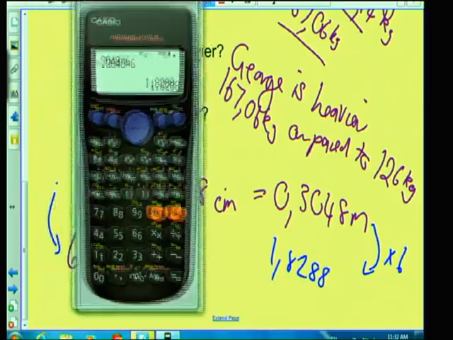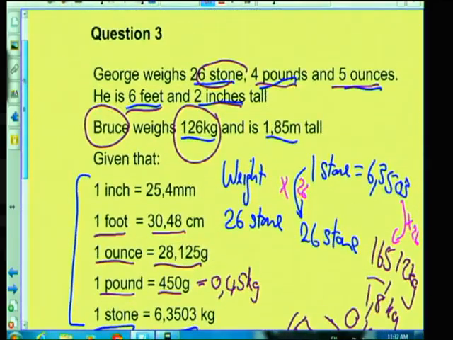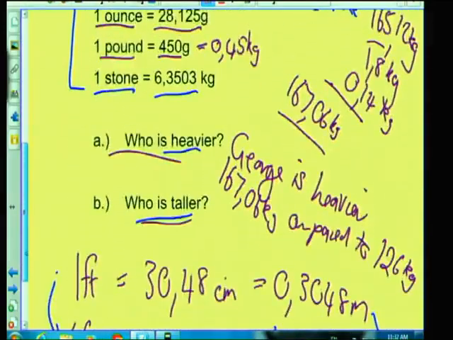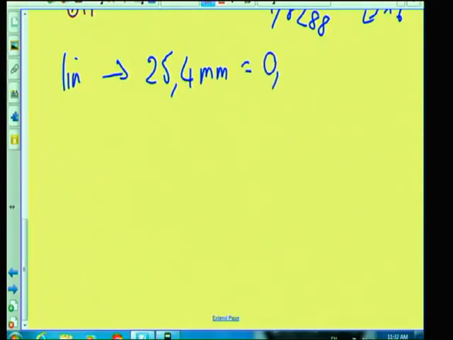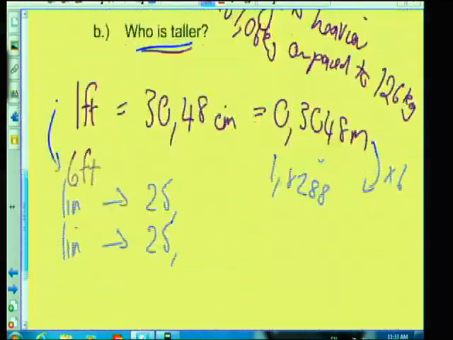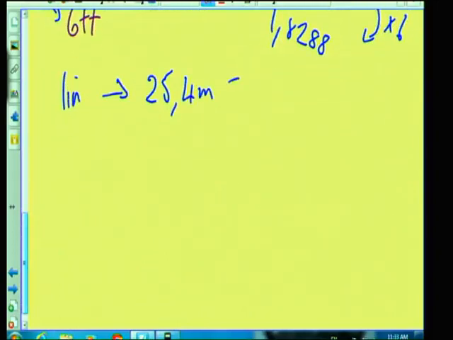I'm going to write that down, 1.8288. The next part was how many inches was he? He was 6 foot and 2 inches. We know that 1 inch is 25.4 millimeters, which is equal to 2.54 centimeters, since I must only divide by 10.